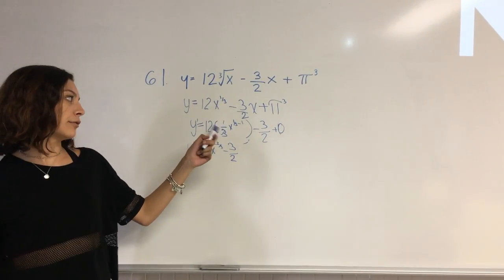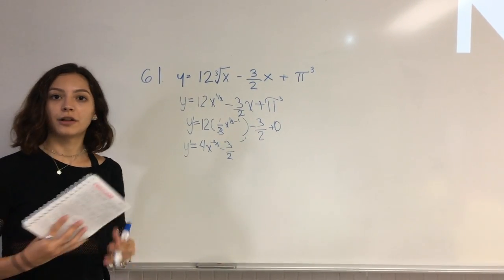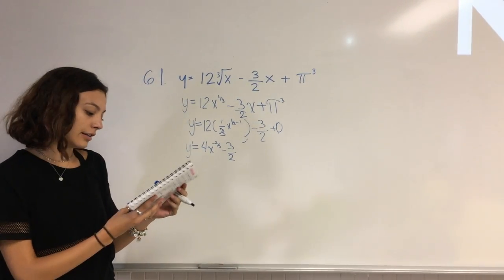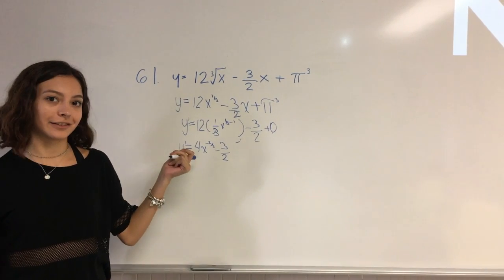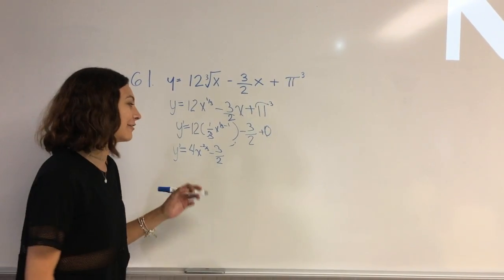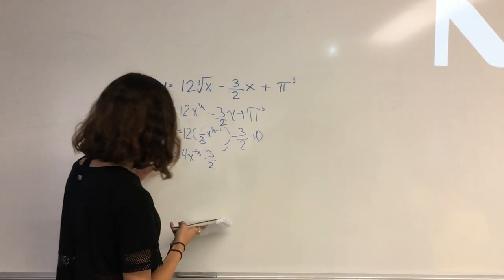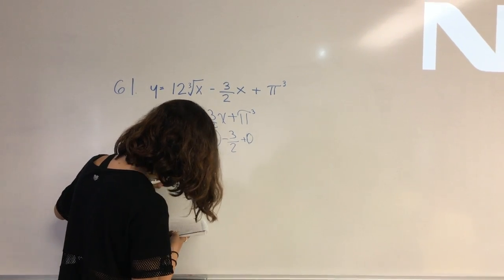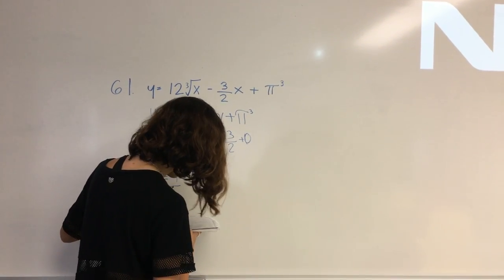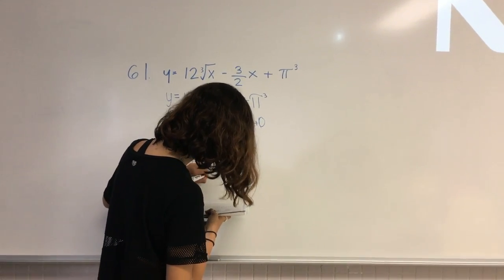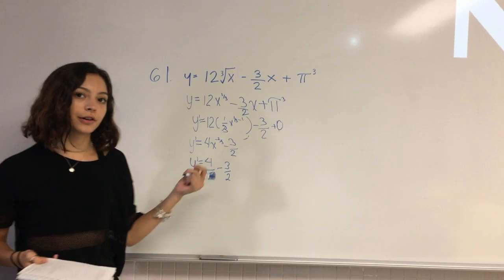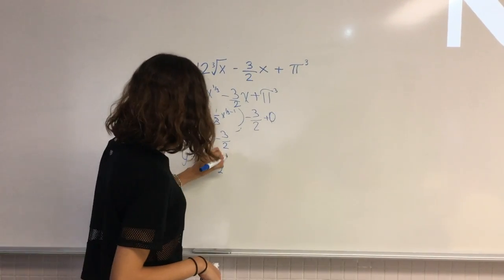We divide 12 over 3, and now we can take the derivative of this. We rearrange the numbers, and this is the final answer.